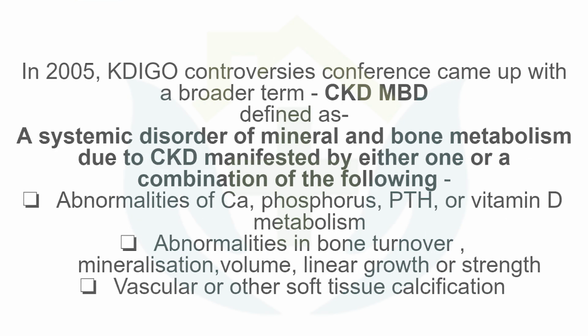In 2005, KDIGO coined a broader term, CKD-MBD, which is defined as a systemic disorder of mineral and bone metabolism due to CKD, manifested by either one or a combination of the following three features. First is abnormalities in calcium, phosphorus, parathyroid hormone, or vitamin D metabolism. Second is abnormalities in bone turnover, mineralization, volume, linear growth, and strength. And third is vascular or other soft tissue calcification.